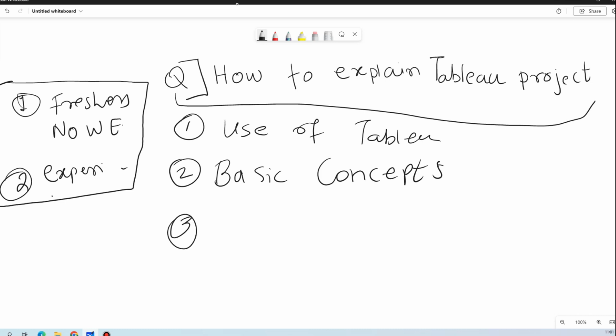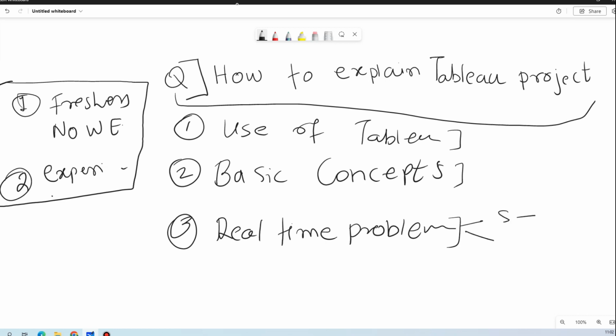And third, you must have faced some real-time problem while operating this Tableau tool, and you need your problem statement and your answer or solution to that problem. So these three things are very important while answering this question.